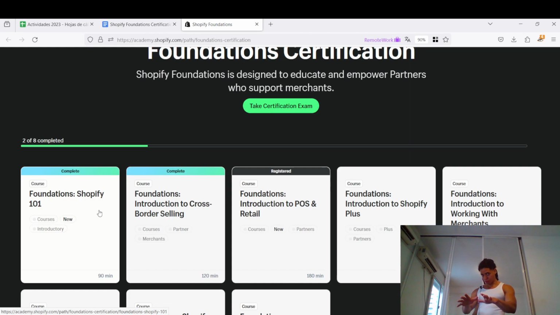These promote your products beyond the online store, such as POS, Shop Pay, and Shop App, the Google Merchant Center, which allows you to sync your products and your store with Google, as well as with social media channels, right?